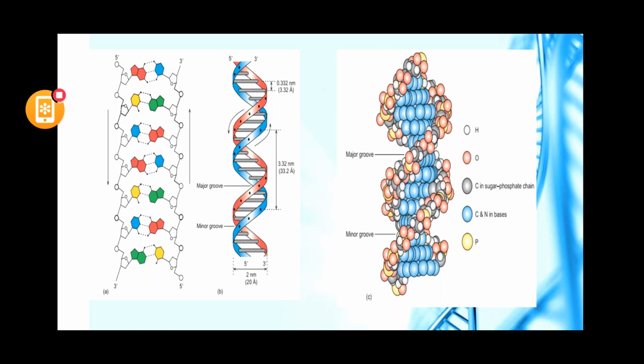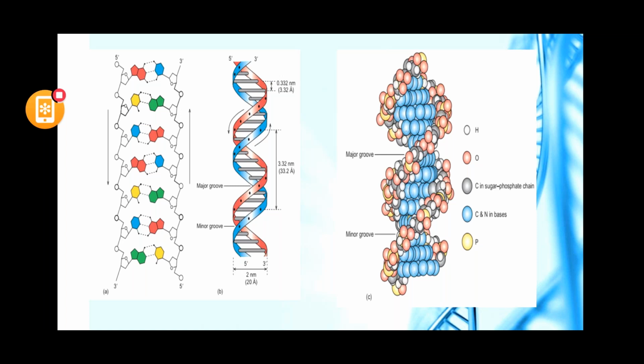One strand runs from 5' to 3', with the arrow going down, and the other runs from 3' to 5', with the arrow going up. So it is anti-parallel, and this forms a little zigzag of the hydrogen bonds, which comes from the bonding between the nucleotide bases at some angle.